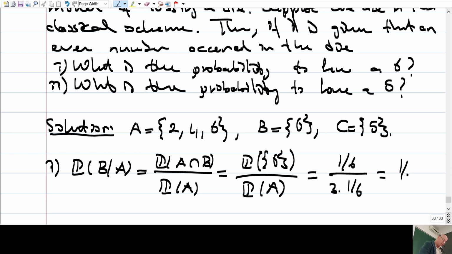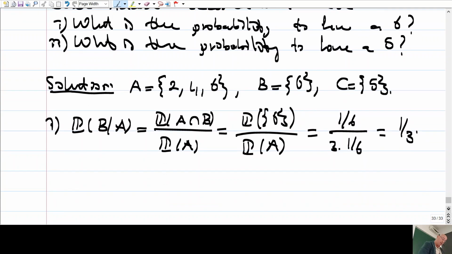So it is just 1 over 3. Since A has 3 elements, the probability of A is 3 times 1 over 6. We are in the classical scheme, therefore each element of omega has equal probability, 1 over 6.